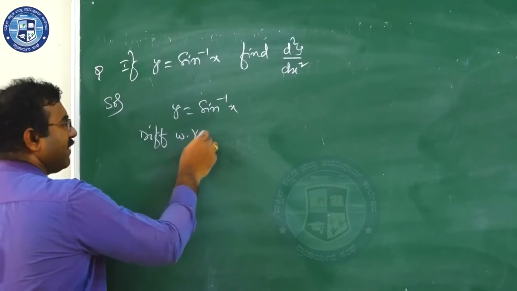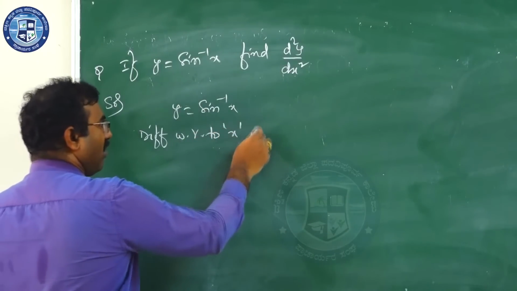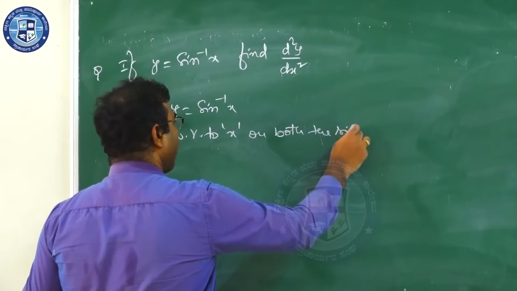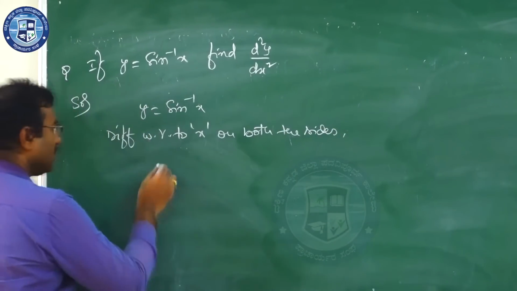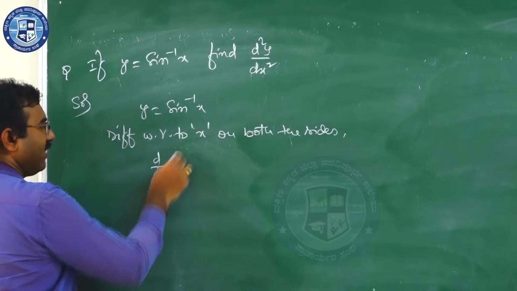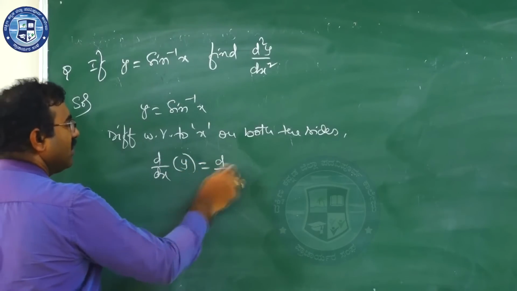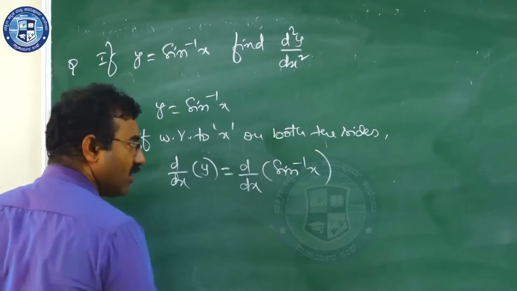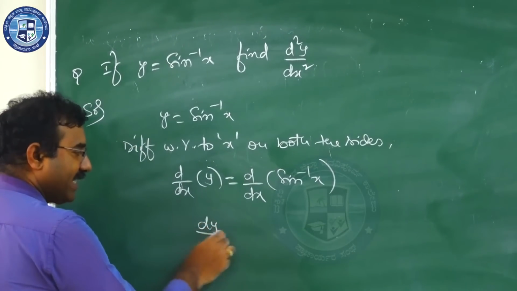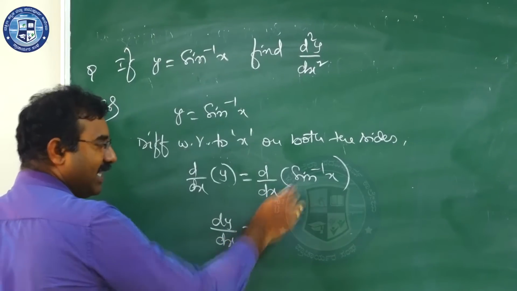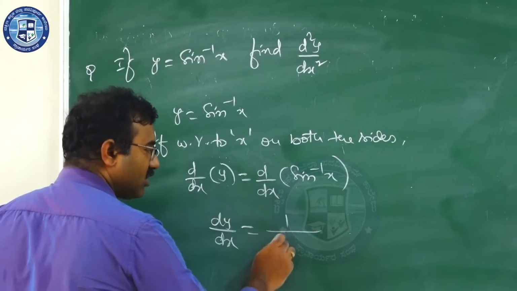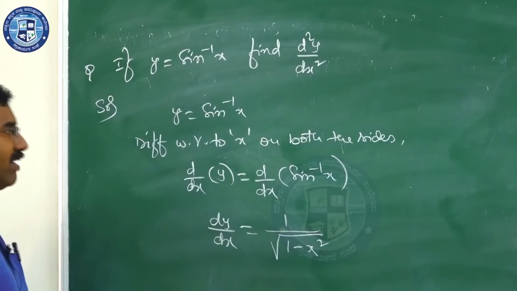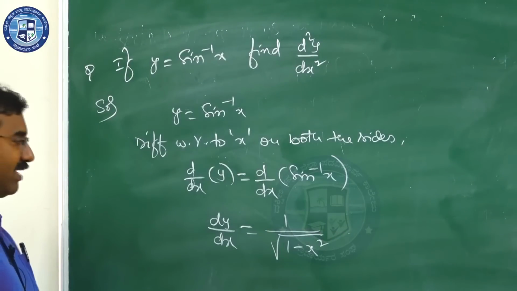So d by dx of y is equal to d by dx of sine inverse x. So dy by dx is equal to d by dx of sine inverse x, you know, 1 by square root of 1 minus x square.